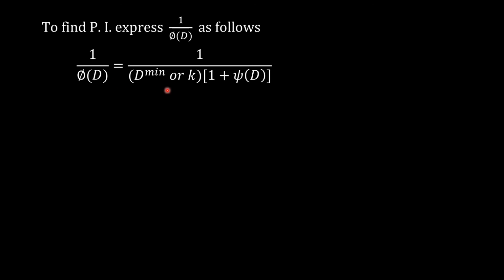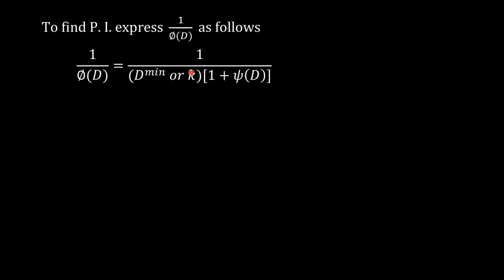Once we do that, our 1 upon phi of d will be in the form 1 upon d raised to the minimum power into 1 plus the remaining expression, which we call psi of d. Or if phi of d contains the constant term, then we take k common and are left with 1 upon k into 1 plus psi of d.